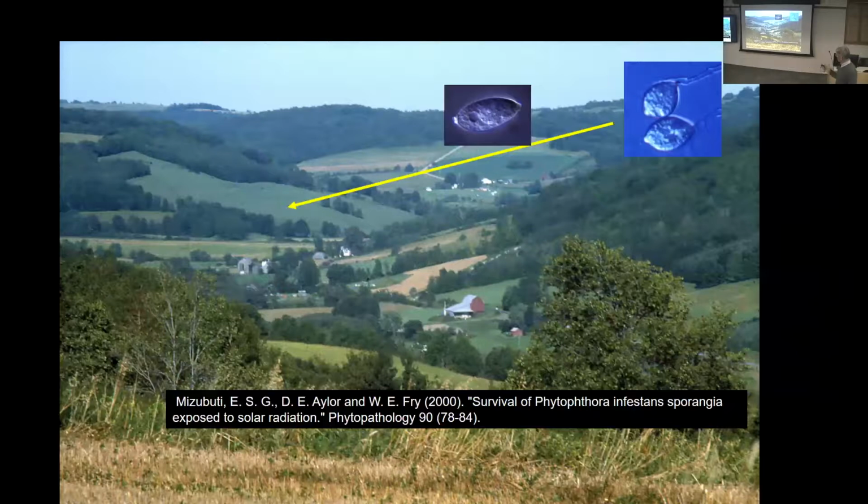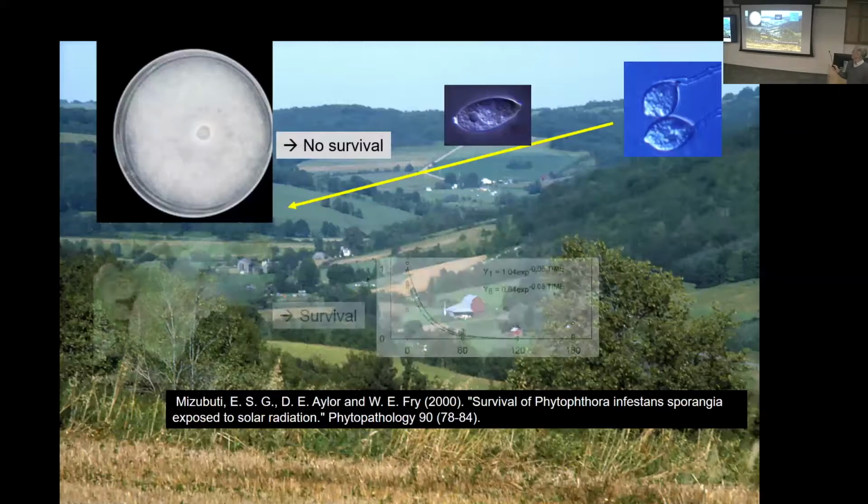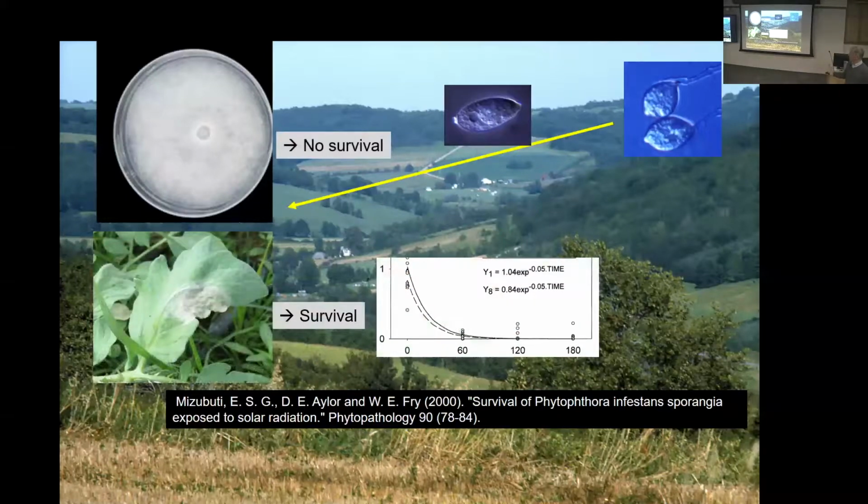And Eduardo had a tough summer. He was getting sporangia from a plate. He'd expose them to sunlight, and absolutely everything died. They didn't survive at all. One time when he didn't have a culture from the plate ready, he took sporangia from a leaflet, exposed them to solar radiation, and lo and behold, some of them survived.